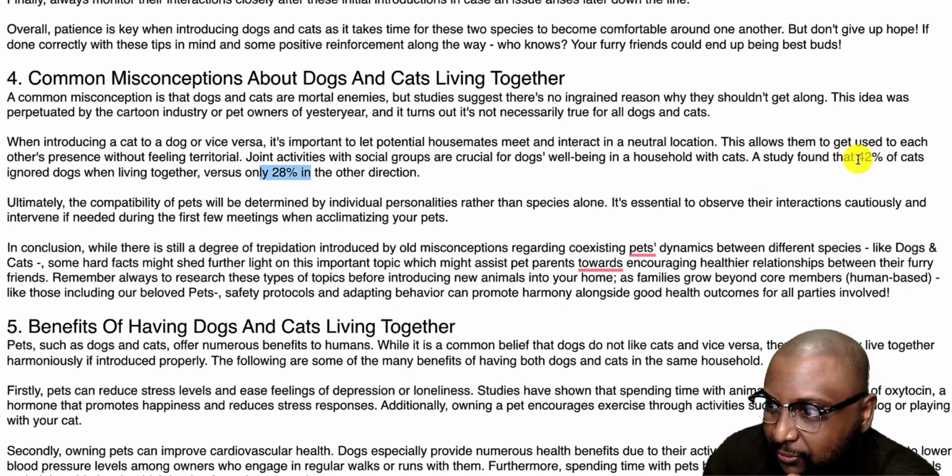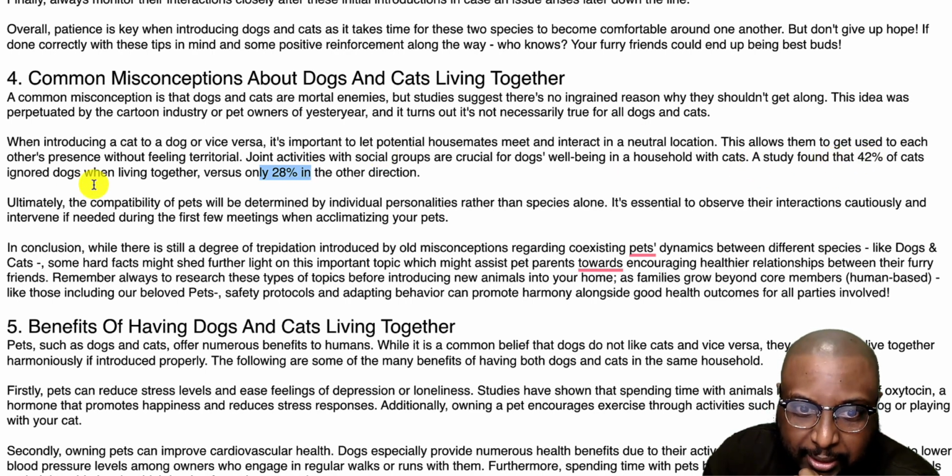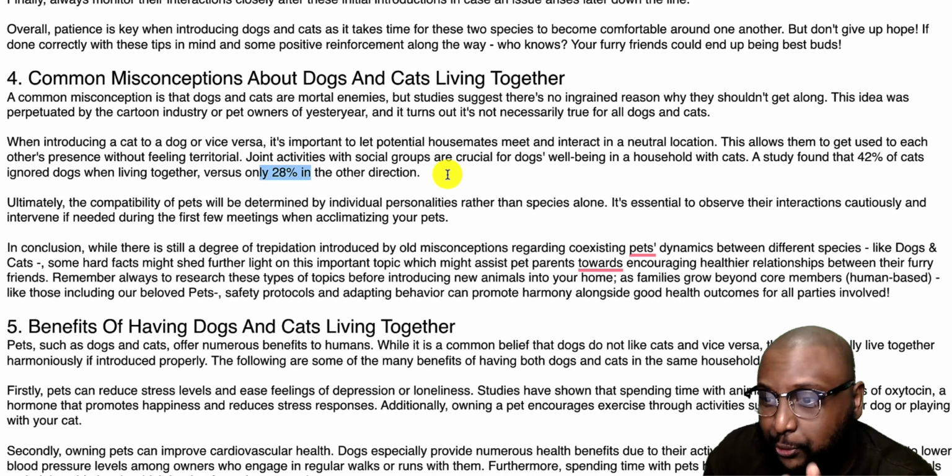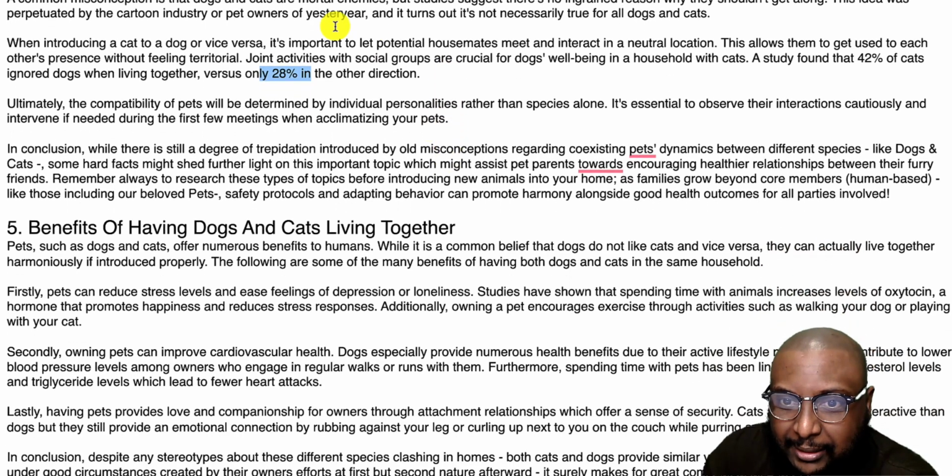A case study found 42% of cats ignored dogs when living together versus 28% in the other direction. Beautiful, beautiful. And oftentimes, if you just use ChatGPT or another AI writer, it might spit out something like this, but it's not based on actual information. It just makes it up, and you have to fact check it.